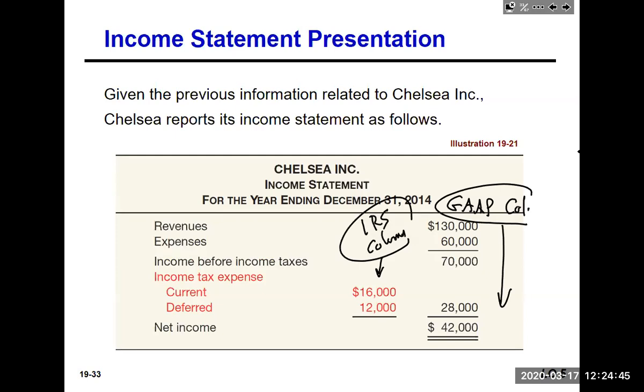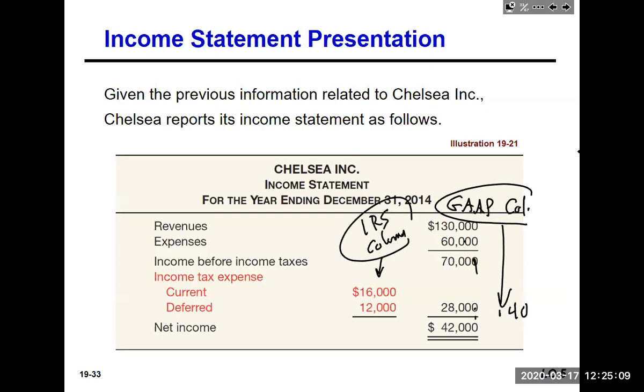What you have here under the GAAP column is just your basic what? 130,000 revenues. If you remember back to that first example several slides ago, 130 minus 670,000. Again, GAAP income tax expense, right? 40%. 42,000 net income.